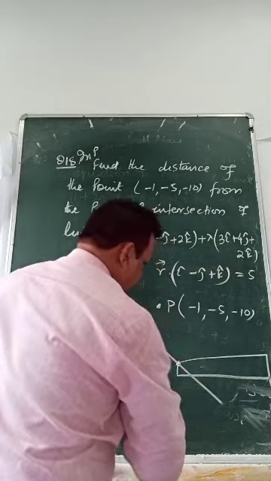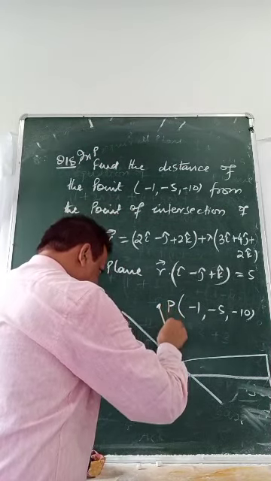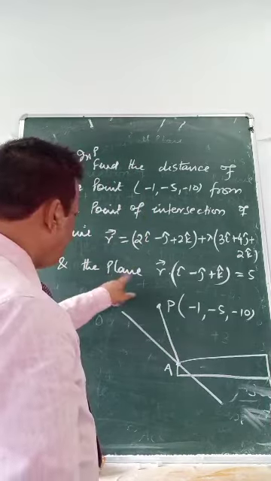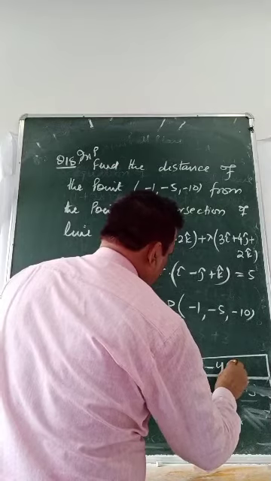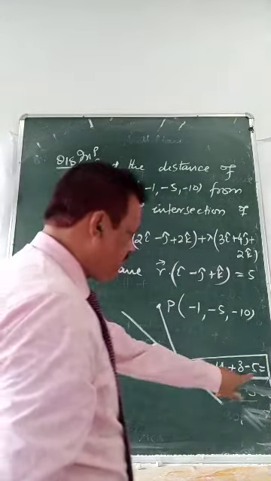This point of intersection, suppose this is A. You are asked to find what is PA. Got the point? What is the plane? You can write here x minus y plus z minus 5 equals to 0. Directly Cartesian form I have written.